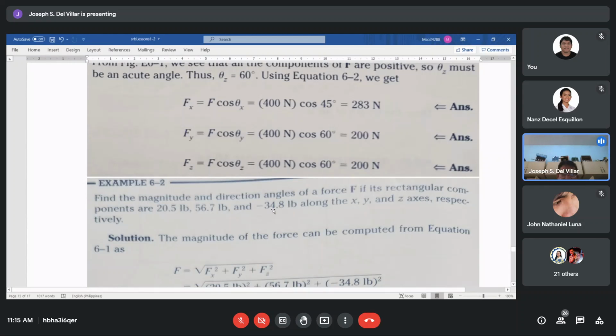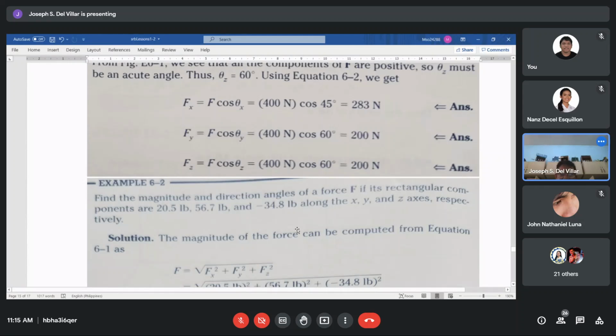So as you can see, nagkaroon ng negative component, and that is the Z component. No? Pag sinabing respectively, sunod-sunod yan. Kung ano yung nauna, yun yung sa X. Kung ano yung pangalawa, yun yung sa Y. And last is Z. So the Z component is negative. So meaning to say, that component lies along the negative Z axis.